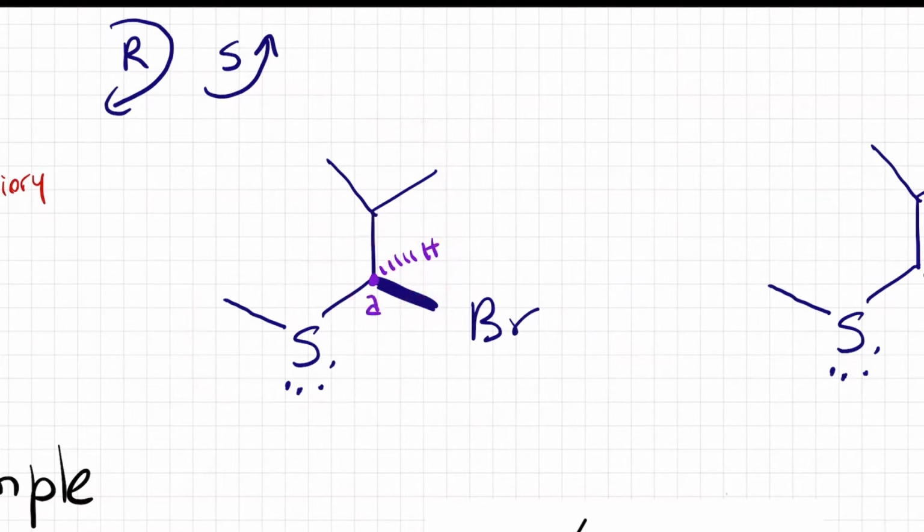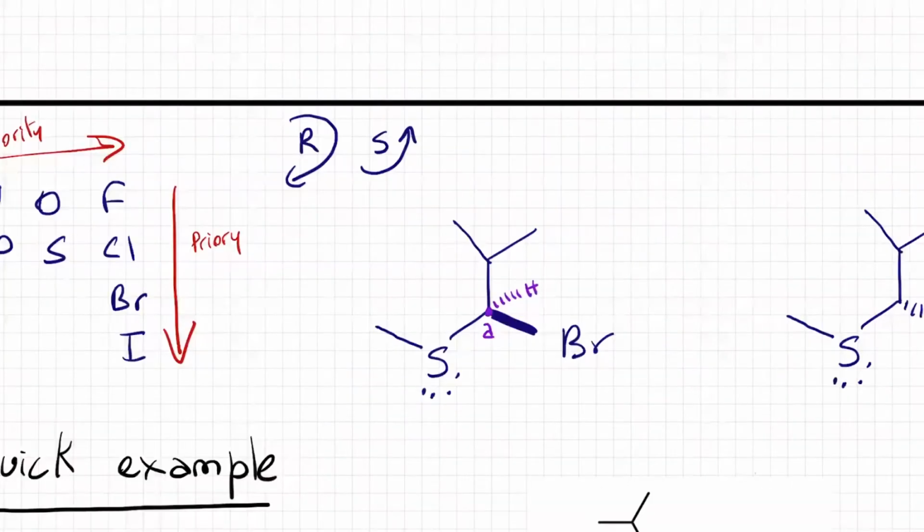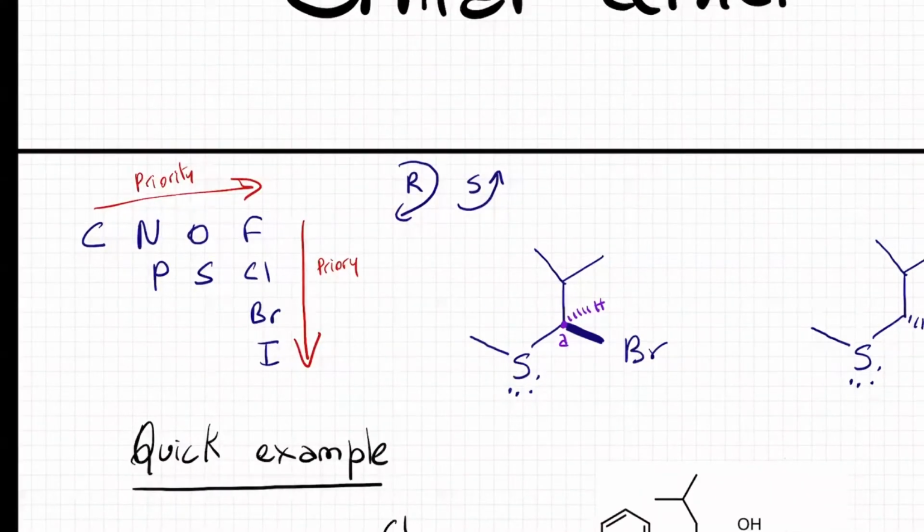Let's apply the priority according to my table. So again, quickly, let's zoom out so that we can have a good view of the table. Now let's assign the priority. Based on this, we can see that this carbon A is attached to a bromine, a sulfur, another carbon, and a hydrogen. Whenever you see hydrogen, you know that it's gonna be the 4th priority.